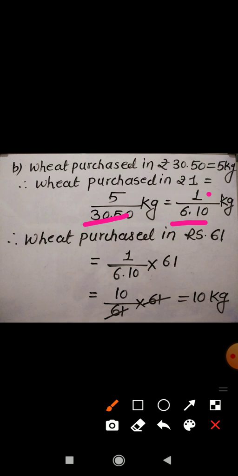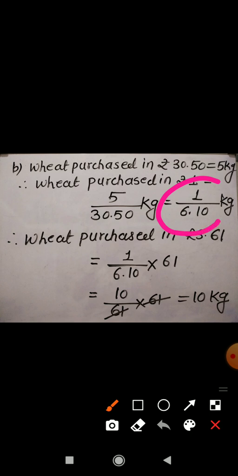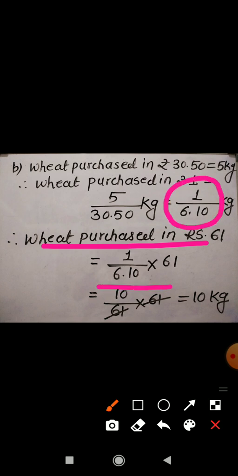When you divide both numerator and denominator by 5, you will get 1 upon 6.10. So this is the wheat purchased in 1 rupee. But we are asked to find out the wheat purchased in 61 rupees. Hence the quantity of wheat purchased in 61 rupees will be 1 upon 6.10 multiplied by 61.